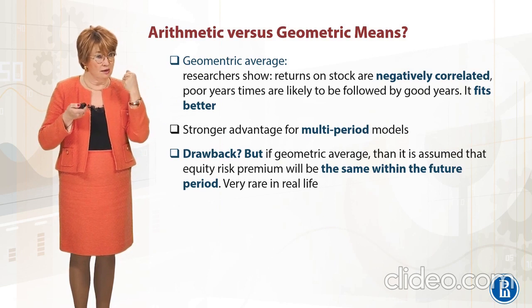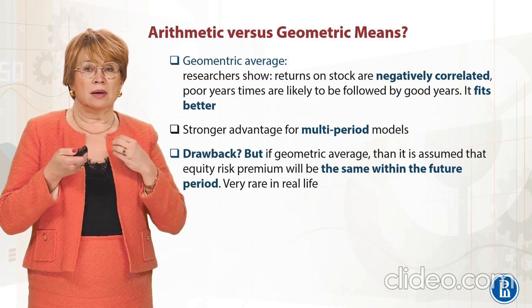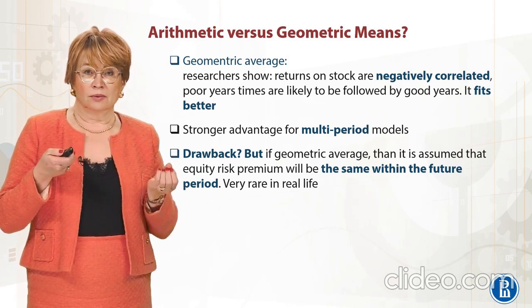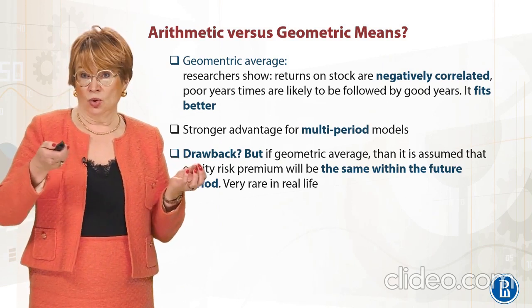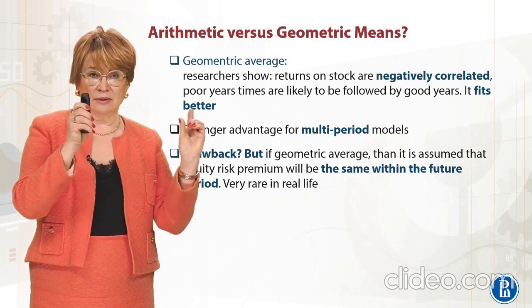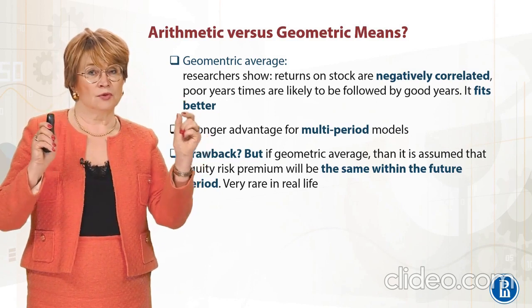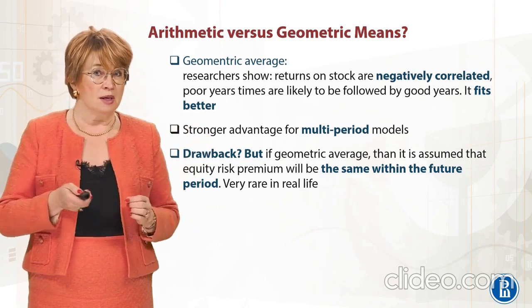The geometric average is much better, so it's smoothed and it fits better to the real data, which shows negative correlation between different periods of time, good years versus poor years in the capital market.